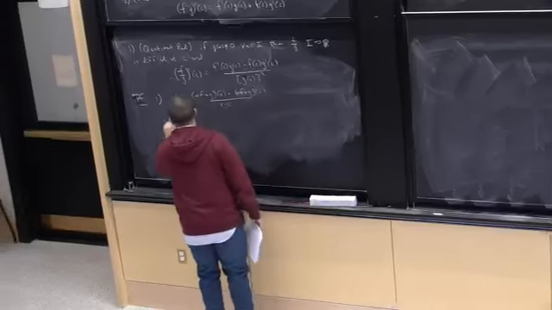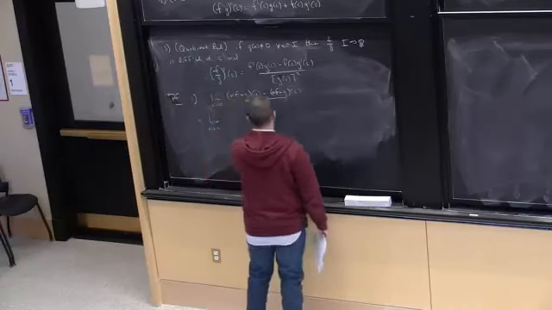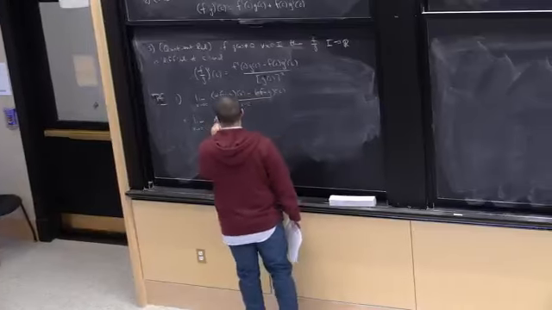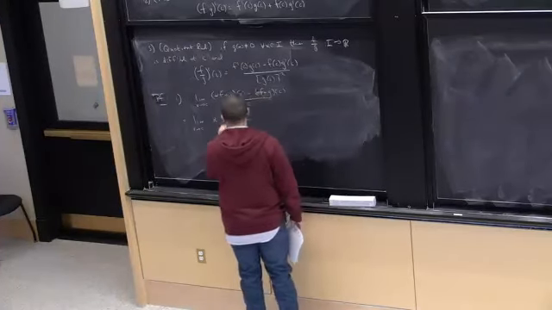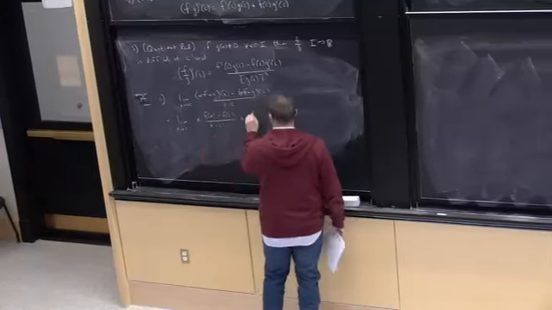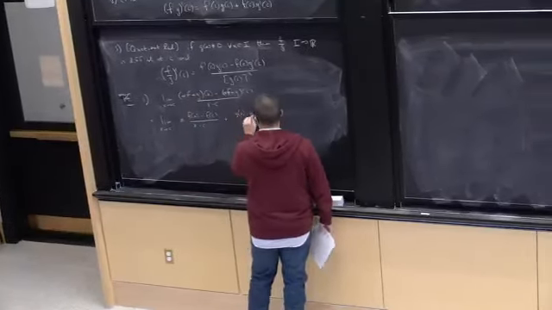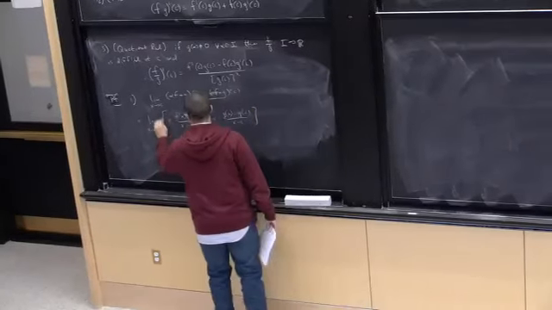And so this equals the limit as x goes to c, and just collecting terms, alpha times f of x minus f of c over x minus c plus g of x minus g of c over x minus c.